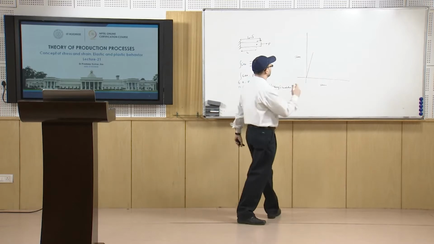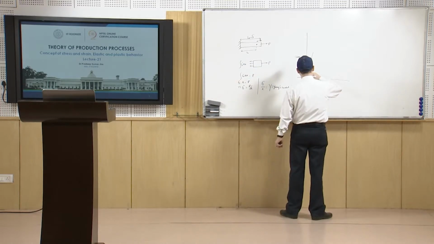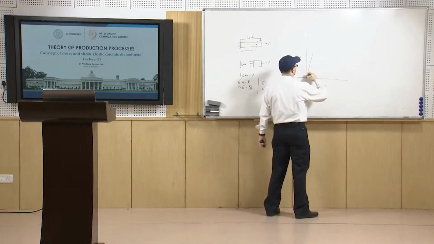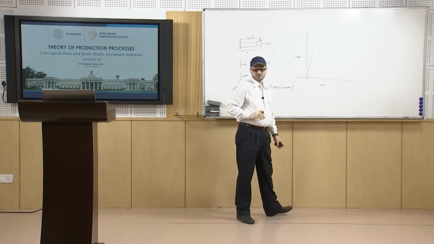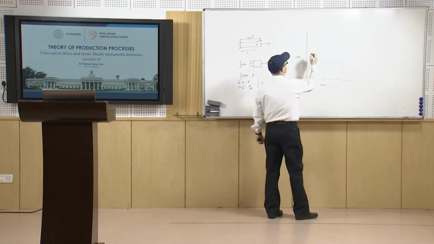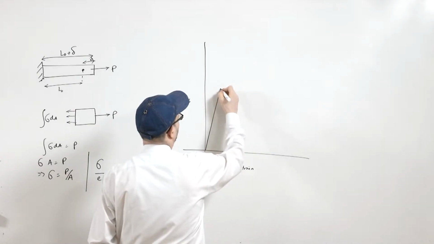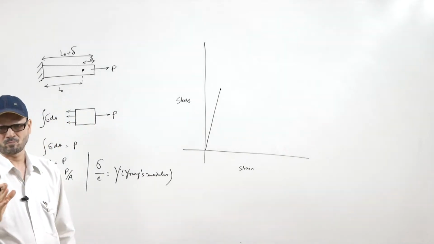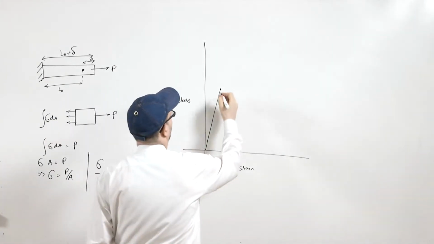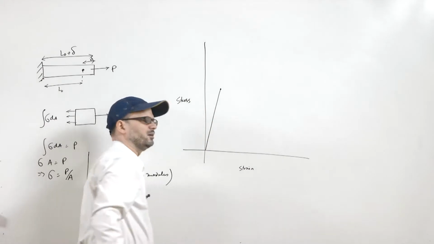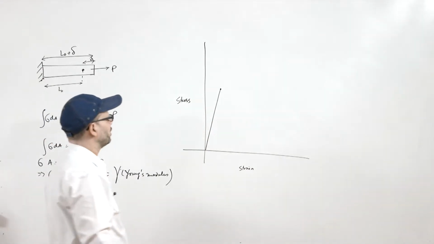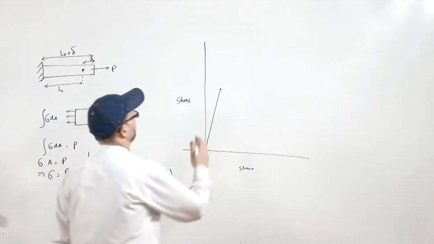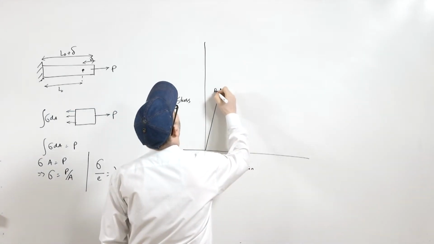In the initial situation, when you are trying to apply the load, a point is reached up to which there is a linear variation, a straight line. That point is known as the proportional limit, because stress is directly proportional to strain.